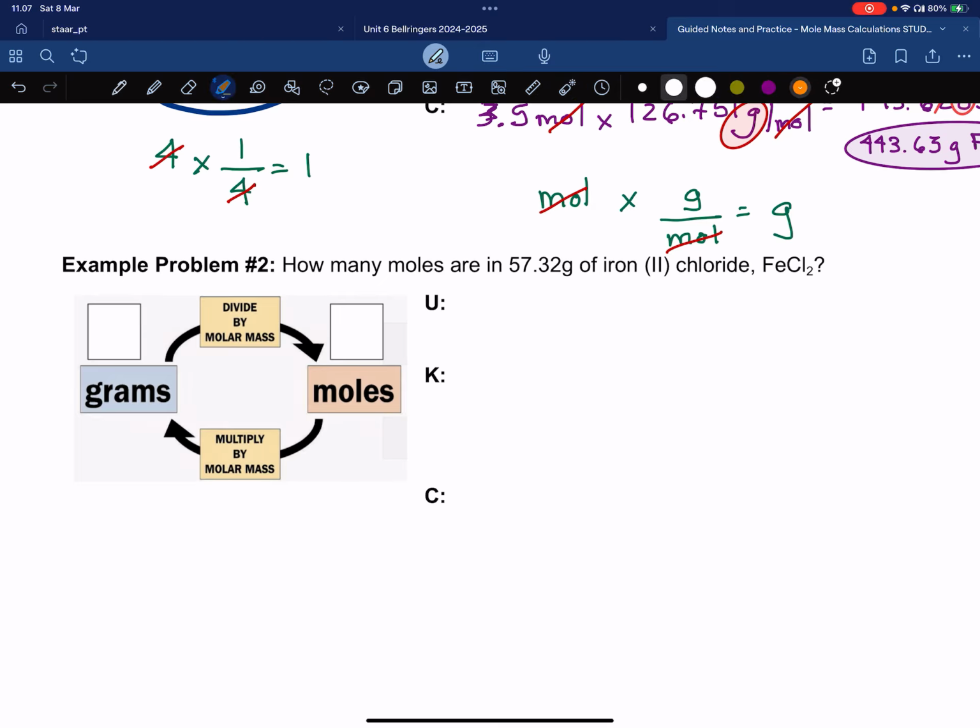All right, moving on. Same steps as before. Identify your unknown in the problem: how many moles of iron 2 chloride. The known is 57.32 grams of iron chloride.